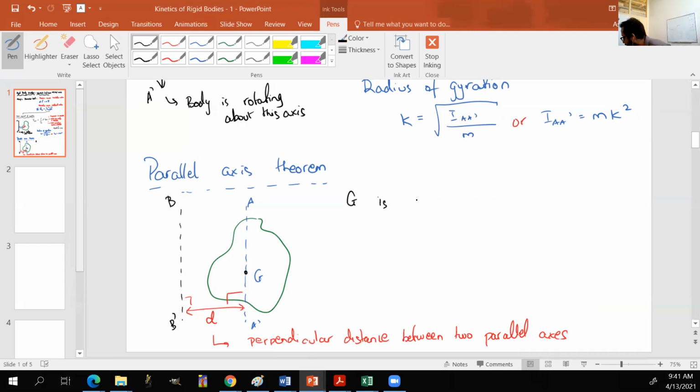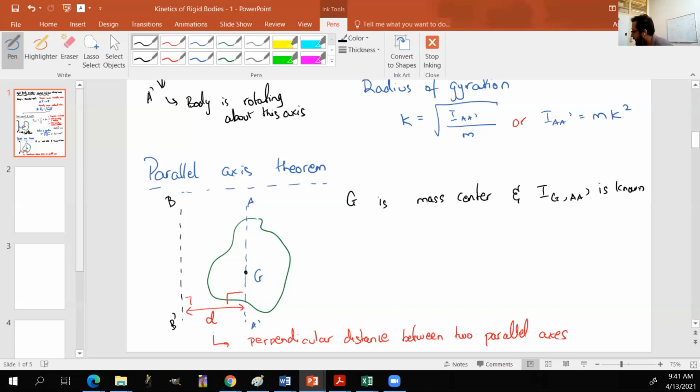So G is the mass center, and I_G about A prime is assumed to be known. This is what you find out from the back of the book, or you derive it. You can find out what your mass moment of inertia about an axis passing through the mass center is going to be. Typically, it's easy for regular shapes.